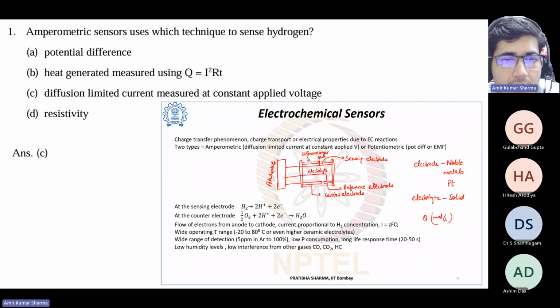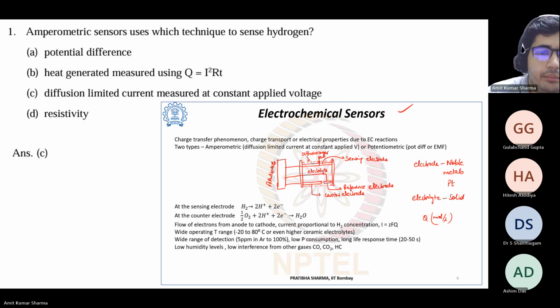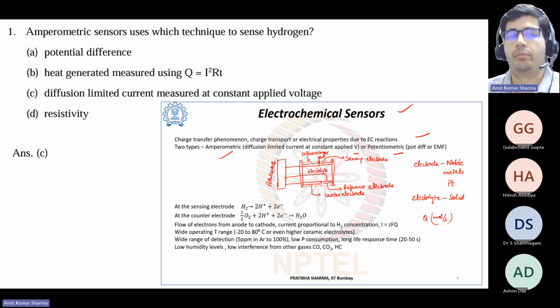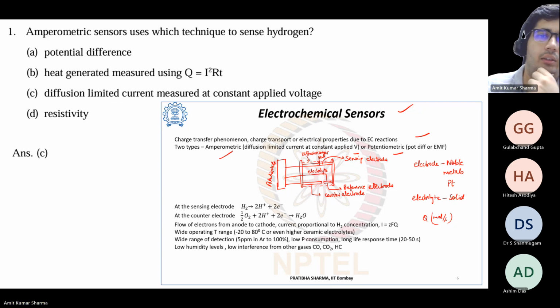This amperometric sensor comes under the electrochemical sensors. These are of two types, amperometric and potentiometric. In amperometric, we measure diffusion limited current at constant applied voltage, and in potentiometric, potential difference or EMF, and based on this we calculate the percentage of hydrogen. Here we have a sensing electrode and a counter electrode.